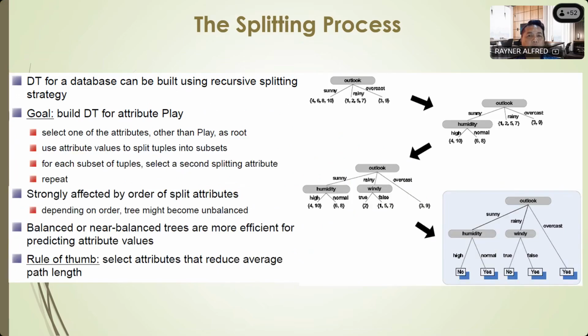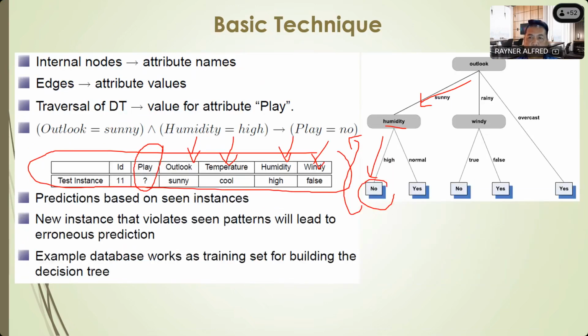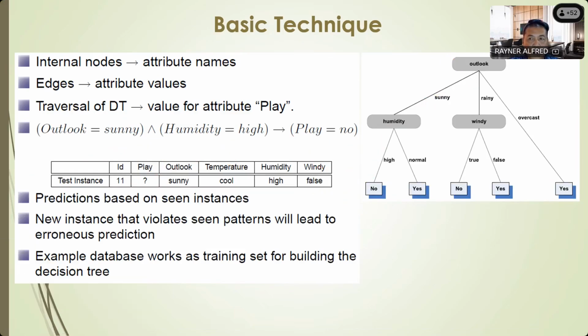The issue that we want to look at here is, how do we do the splitting process? For instance, if we go back here, we have this outlook, right? Let me erase this. This outlook, we are looking at in here.